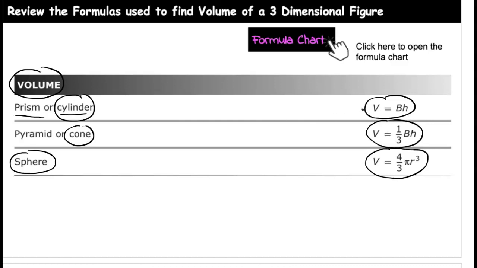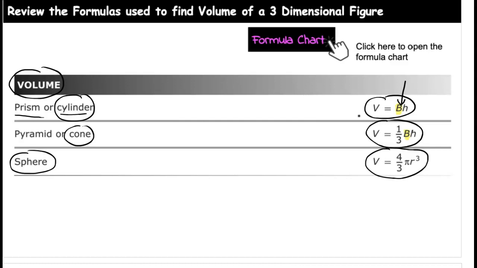Now, we're going to be plugging values into our formulas, but specifically, if you notice, this capital B is coming up in both the volume of a cylinder and the volume of a cone. It does not come up in the volume of a sphere, and that makes sense because a sphere doesn't have a base, right?